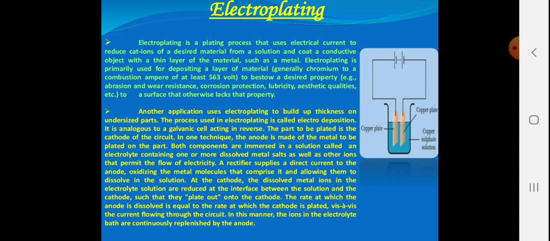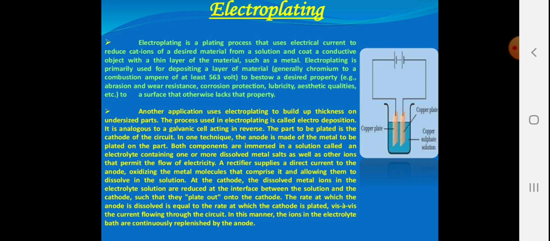A rectifier supplies a direct current to the anode, oxidizing the metal atoms that comprise it and allowing them to dissolve in the solution. At the cathode, the dissolved metal ions in the electrolyte solution are reduced at the interface between the solution and the cathode, such that they plate out onto the cathode.